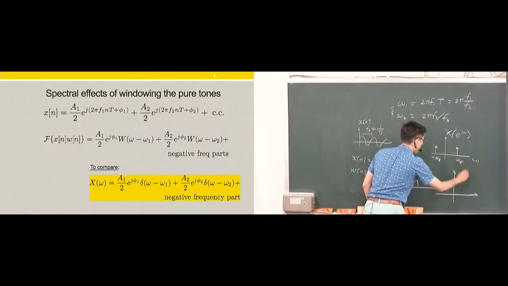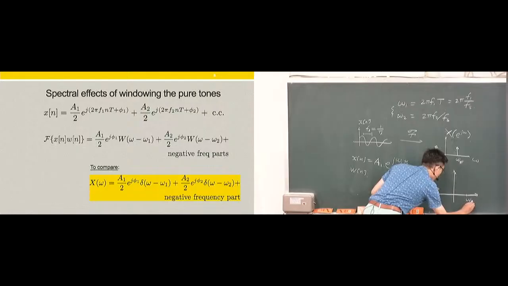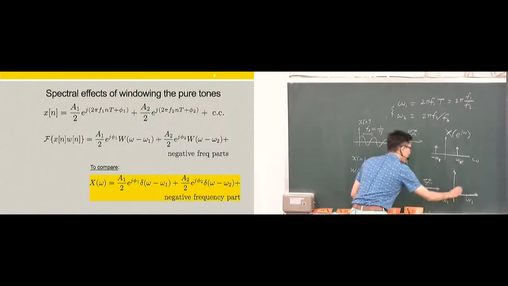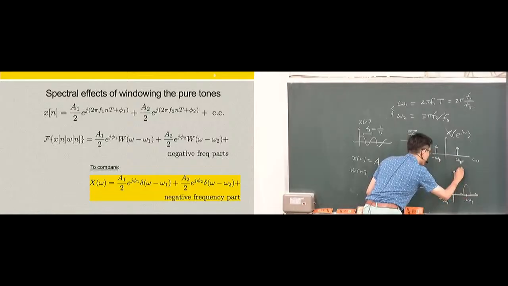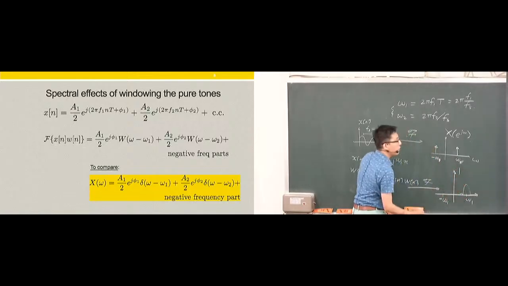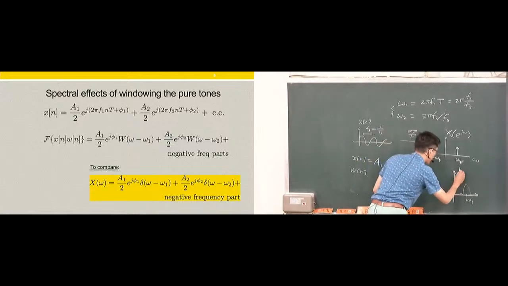One is centered around omega 1, and the other one is a negative frequency part. And you expect to see a copy of the Fourier transform of W. So let's say this is the magnitude, okay?